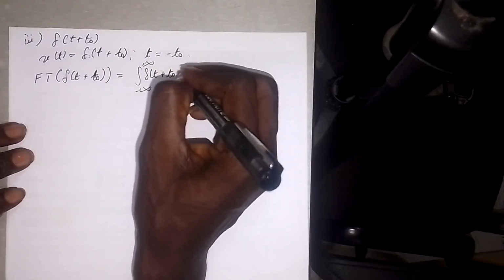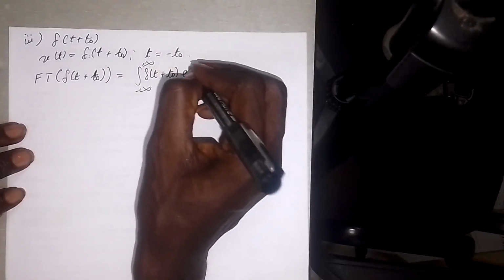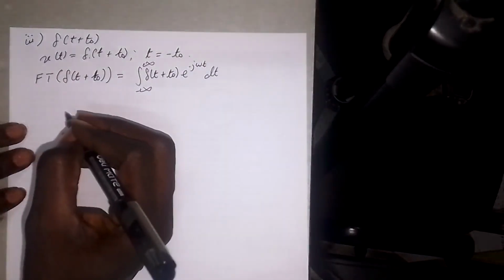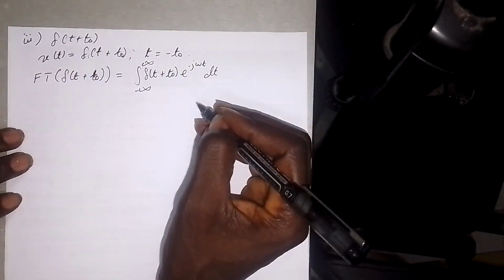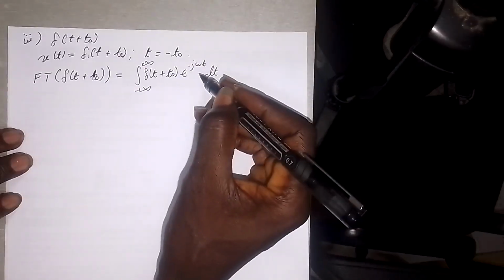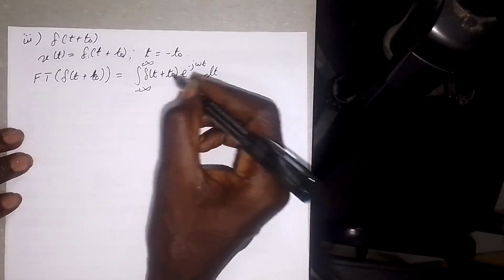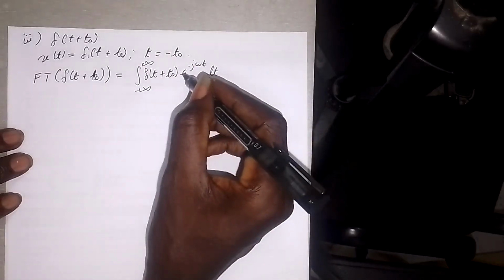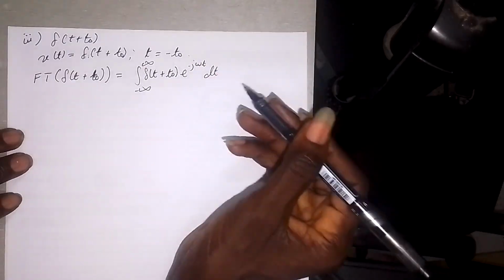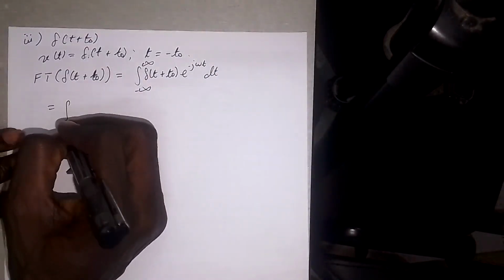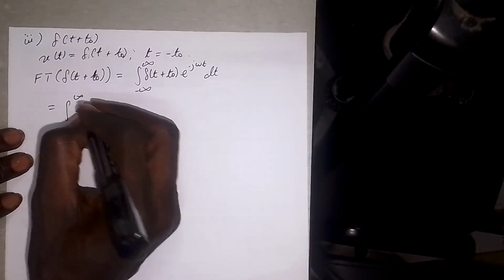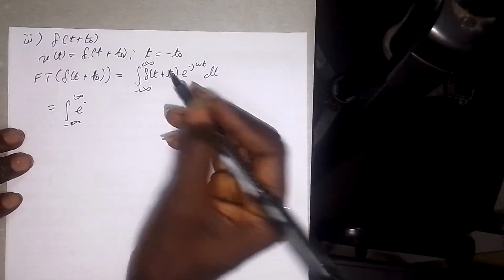Here the amplitude will just be 1, and any number multiplied by 1 is that same number, because the amplitude is 1 for a unit impulse.